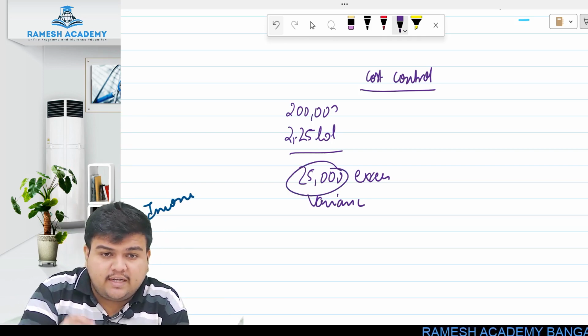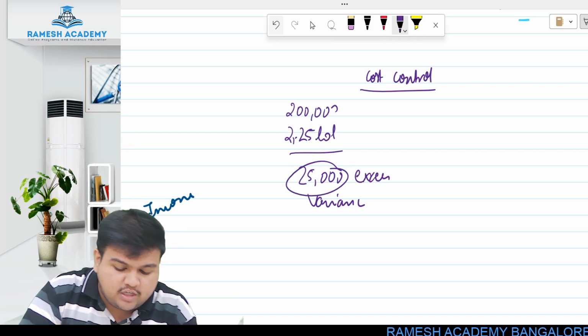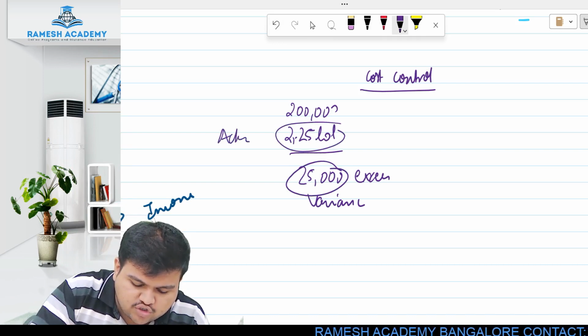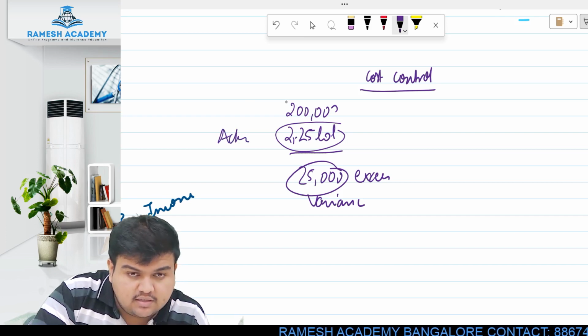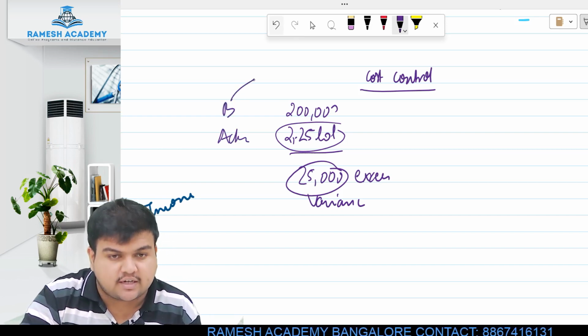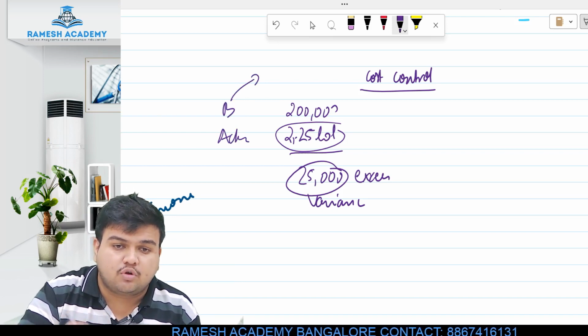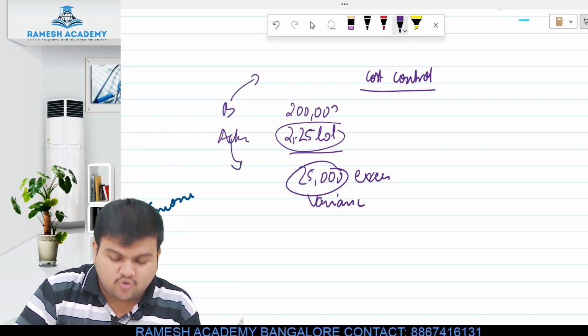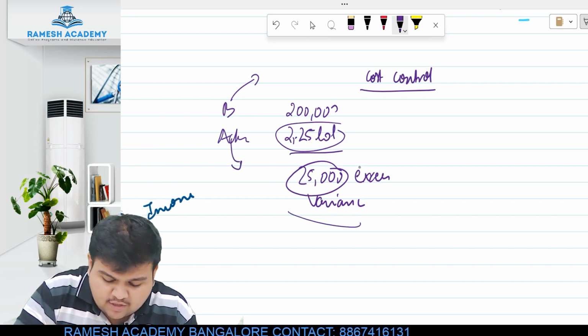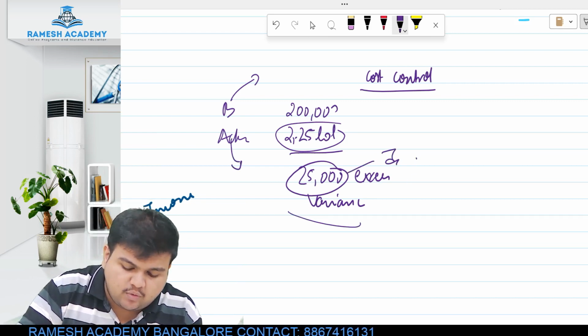But why is this cost accounting important? Because you need to know both the actual cost incurred and the budgeted cost. To make this budgeted cost, you also need cost accounting techniques, and to calculate the actual costs, you need cost accounting techniques. To find the variances also, you need cost accounting techniques. So to implement the cost control, you need overall cost accounting.